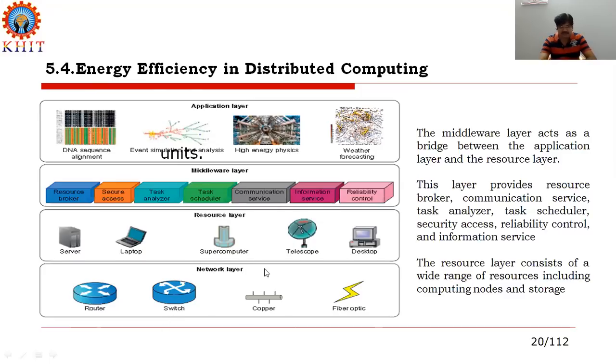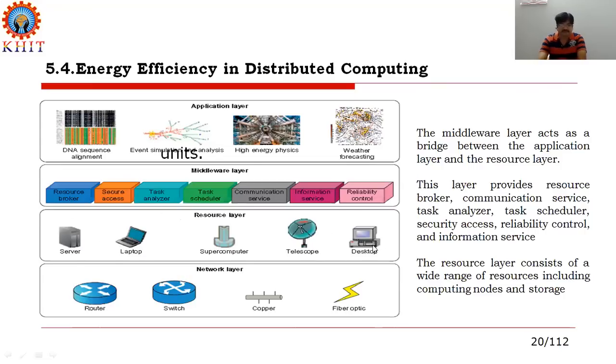In the network layer, next we move to another layer, the resource layer. The resource layer is where we have client machines. The client machines are a telephone, a desktop system, a supercomputer, a huge server, or a laptop.